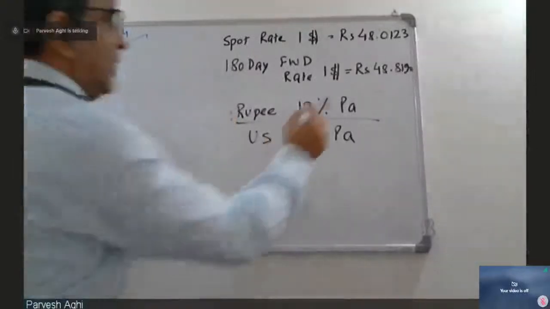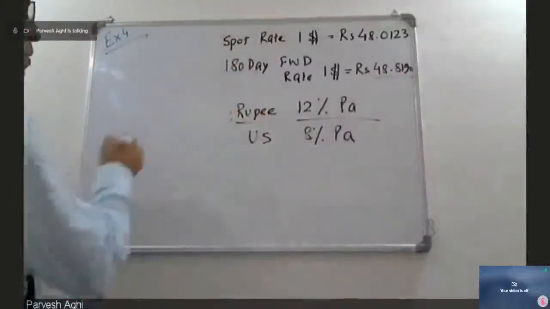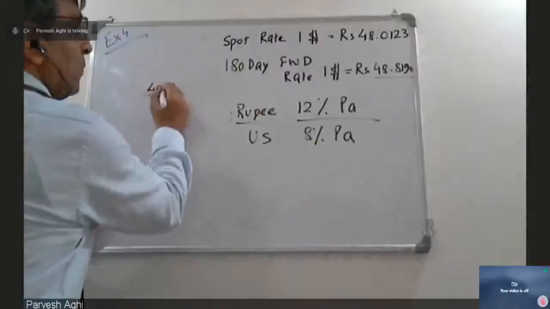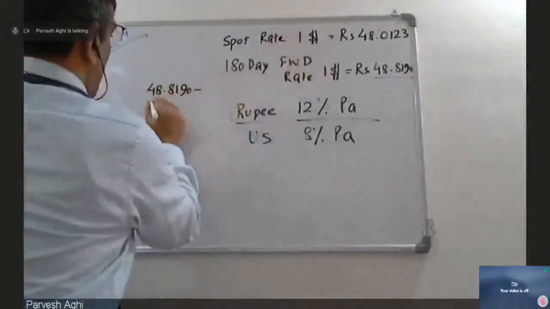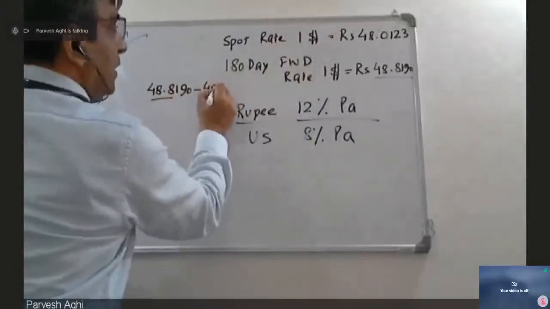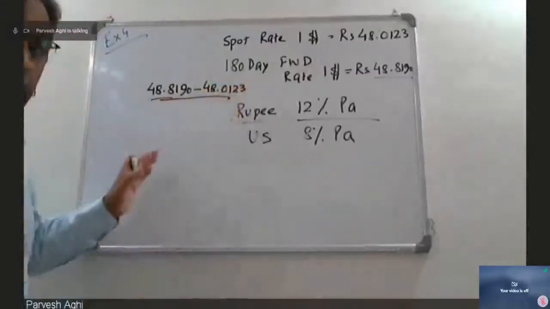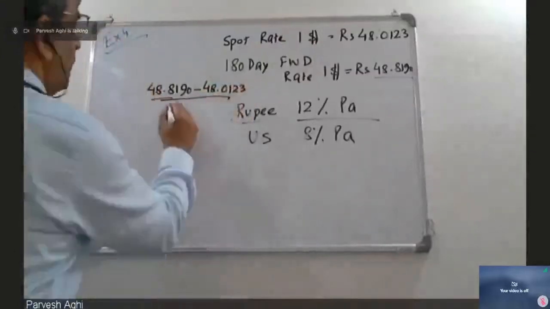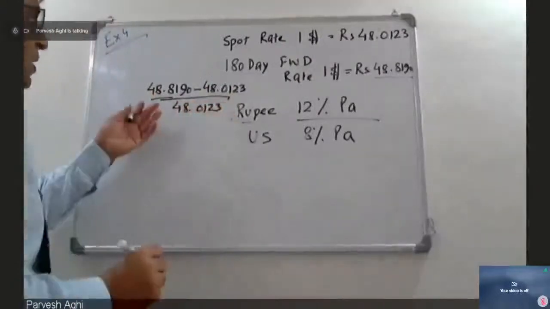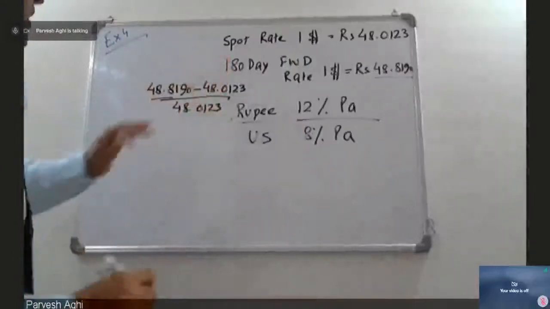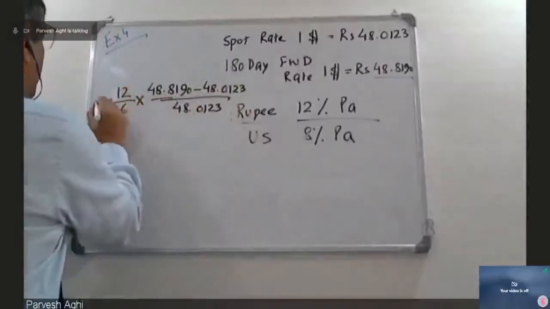So I'm just going to cut this and write straight away. We know that the forward rate is 48.8190 minus the spot rate 48.0123, and divided by the spot rate, which is 48.0123. Now this is for 180 days. That means 6 months. So I can multiply this by 12 divided by 6 and multiply by 100.